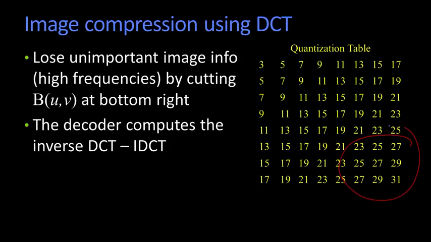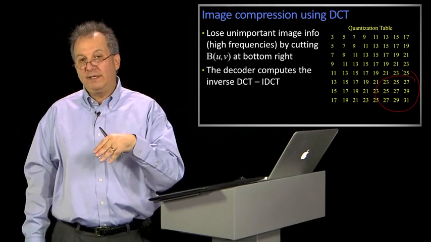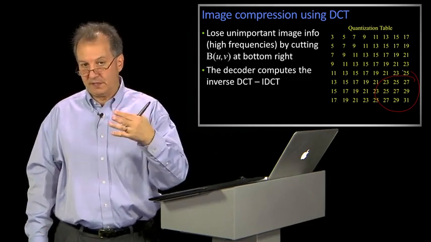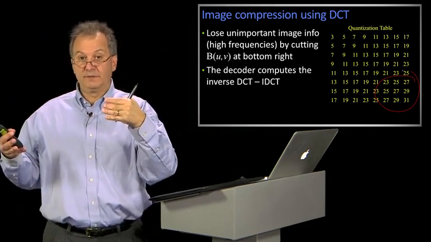And in the same way that you do the inverse Fourier transform, given the spectrum, you can reconstruct the signal, the same is true of the DCT. IDCT, inverse DCT: given those coefficients, I can reconstruct the image. But now, instead of maintaining all those coefficients exactly, I'm only going to keep more information about the low frequency coefficients than I am about the high frequency coefficients.